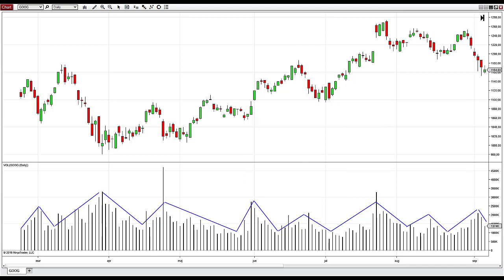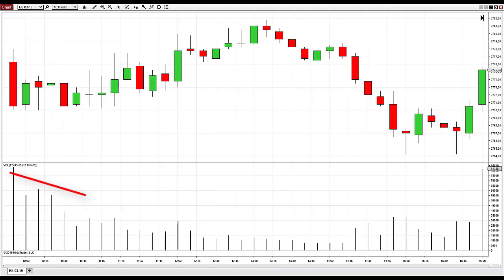The pullbacks will have lower volume in a healthy uptrend. There is not as much selling as there is buying, so when buyers enter the market on the up moves, the volume should increase if you have a healthy uptrend. But if the volume diminishes on the up move, then there is no more demand. The market is running out of steam and could well turn into a downtrend soon.